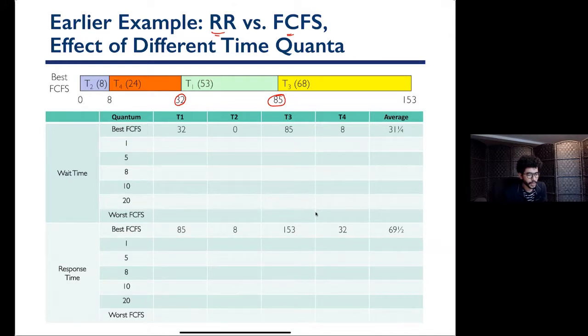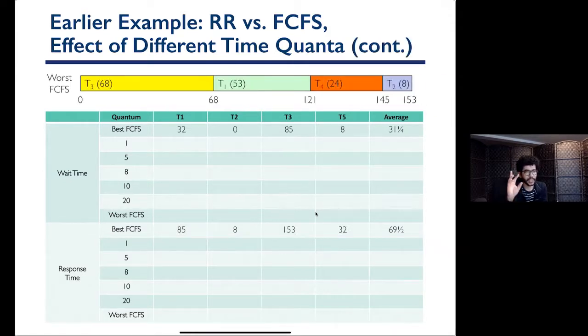For T2, the best wait time is 0, and the best execution time is 8, and again, so on and so forth. So average best FCFS gets 31.25 in terms of average wait time, and 69.5 in terms of average response time. Now, worst case is the reverse order when you start executing the longest task.